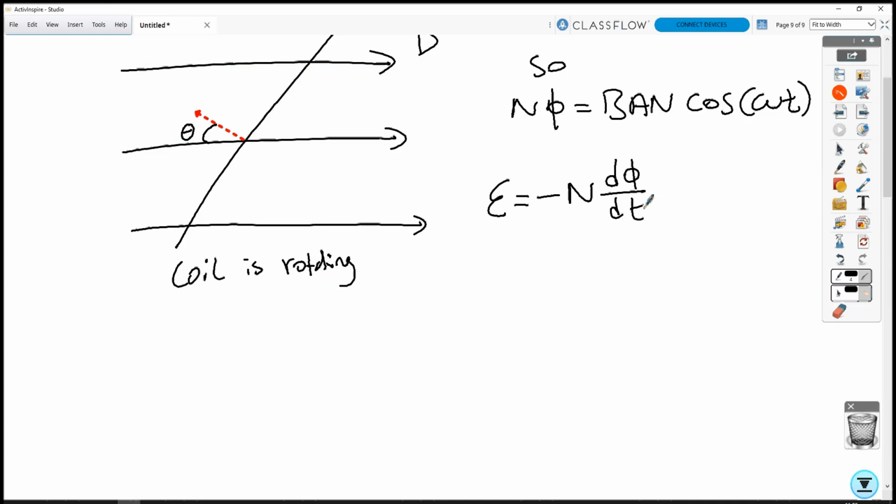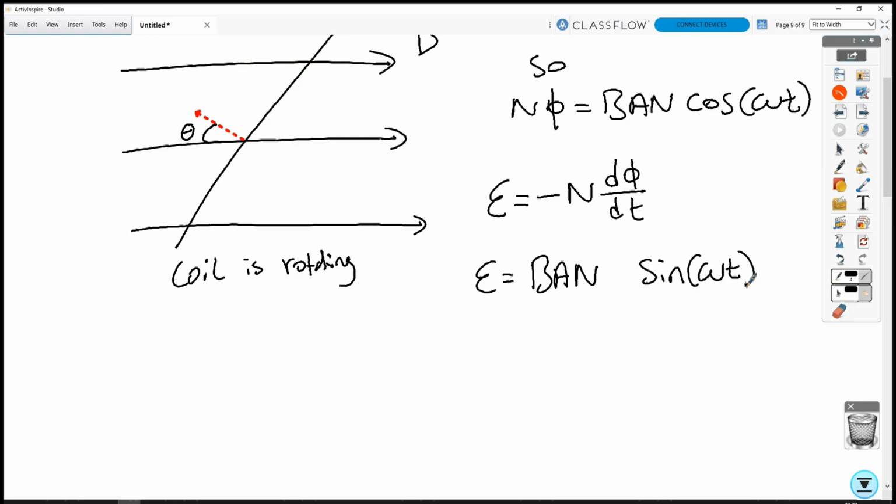So B, A and N, they're all constants. So if we differentiate cos, what do we get? We get minus sine. So EMF is equal to minus sine, but then we also have a negative symbol here, so the two negatives will cancel out. So that becomes BAN sine omega t.